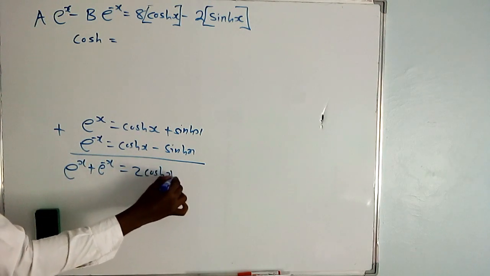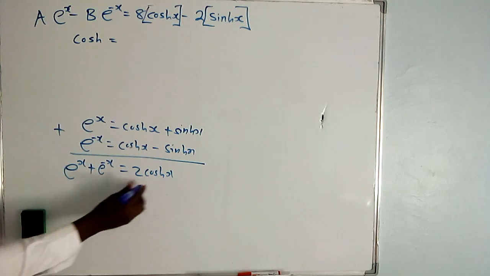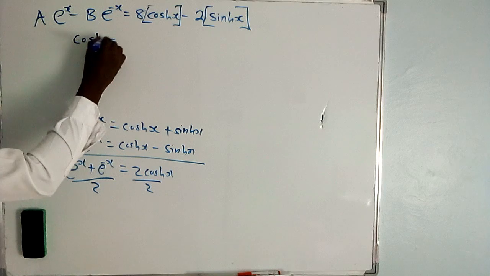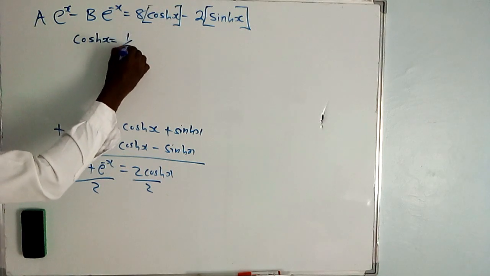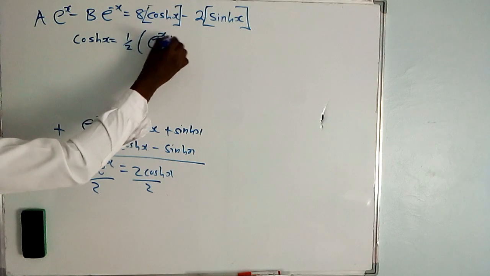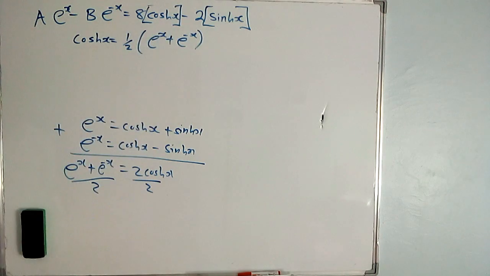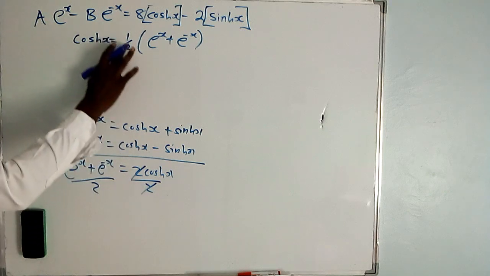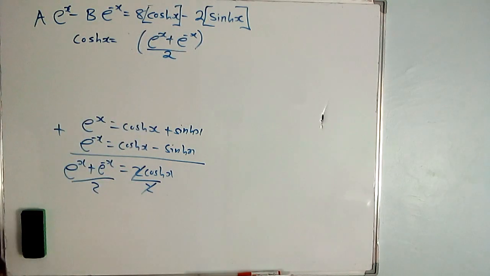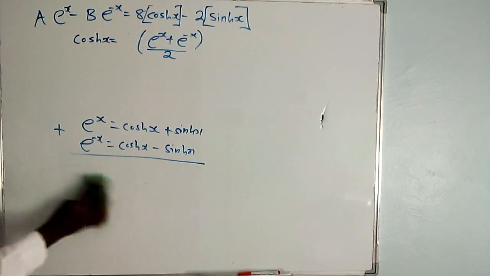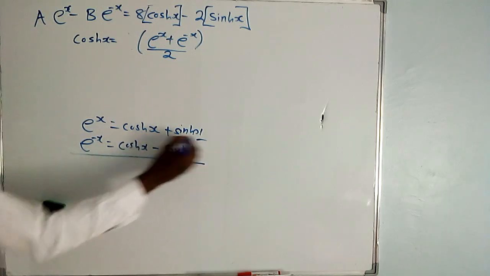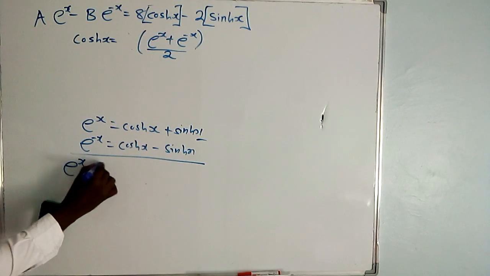So if you divide both sides by 2, you get cosh x is a half into exponential x plus exponential negative x, or simply exponential x plus exponential negative x over 2, isn't it? Then for you to get the value of sinh x, you subtract the two equations: exponential x minus exponential negative x on the left hand side.